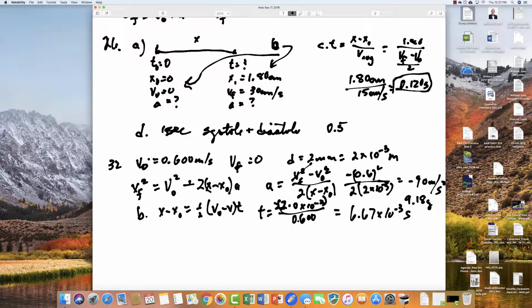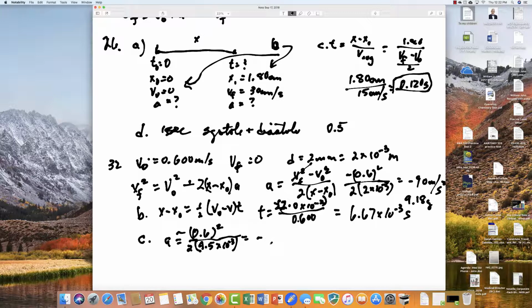And so recalculating the G-force based on this change in stopping distance, we use the same formula we had up here, and we put in the same numbers, 0.6 squared divided by, but now it's going to be divided by 2 times 4.5 times 10 to the minus 3, because the tendons allow it to move forward and then move back.